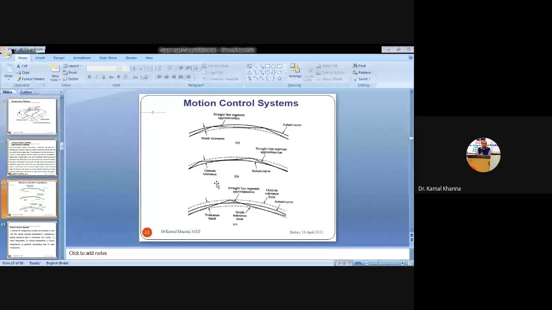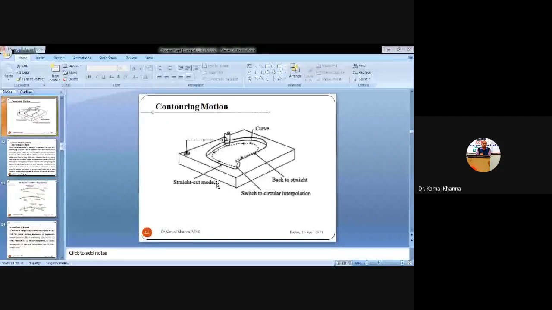I am coming back to this figure, to this contouring motion or circular continuous motion. You can see in the previous slide that whenever you have these kinds of complex tool paths and the tool has to perform the operation on complex shapes, we need some interpolation. So what is the interpolation here?